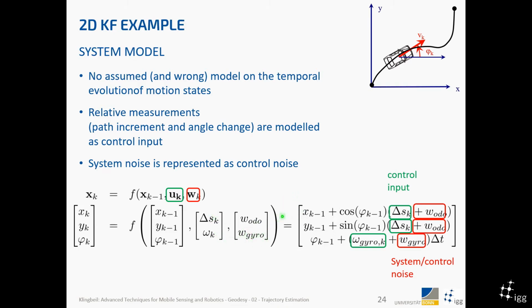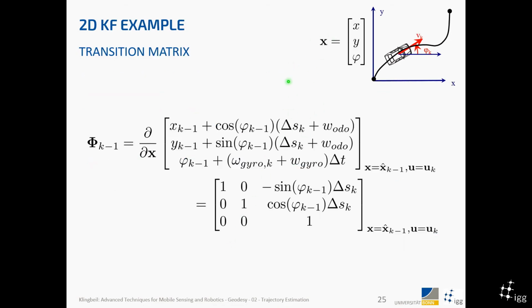And if we formulate, we've seen that before, this as a function here, then it looks like this. So these are the control inputs that we have, and these are the noises or the uncertainties that we have here in this model. We can linearize this. This was shown before. We linearize with respect to delta x, and then this is the result.